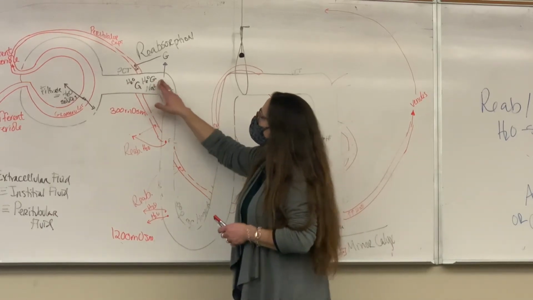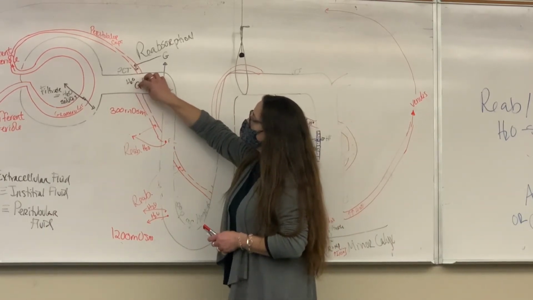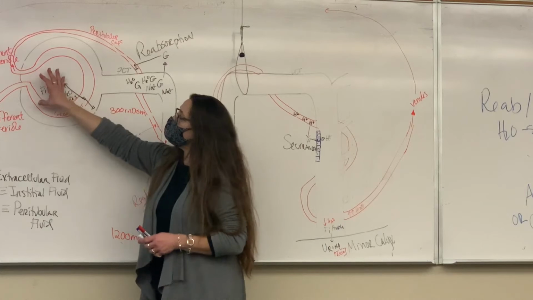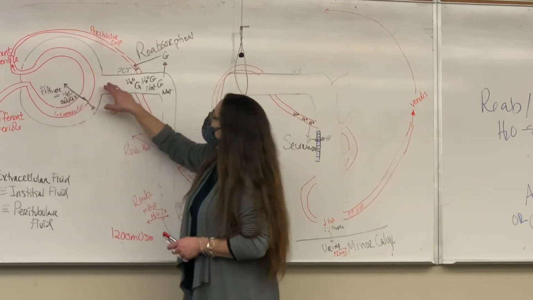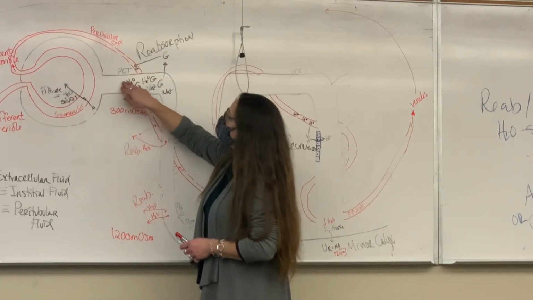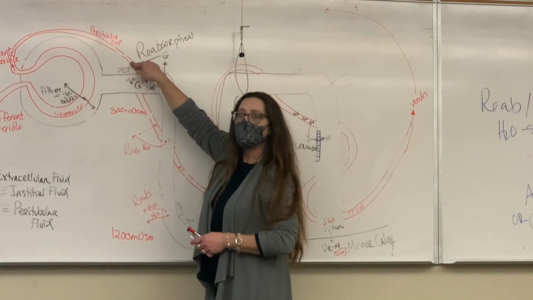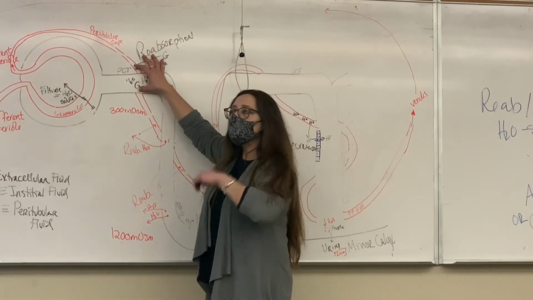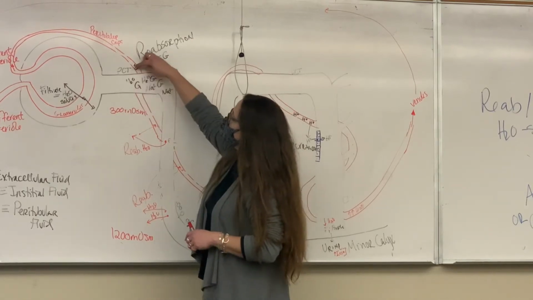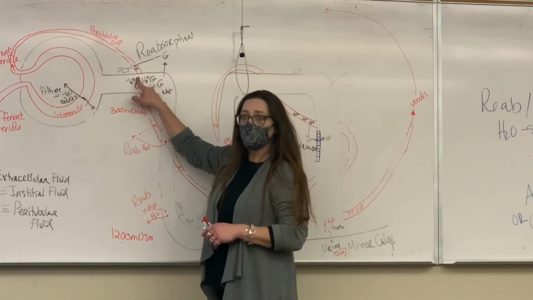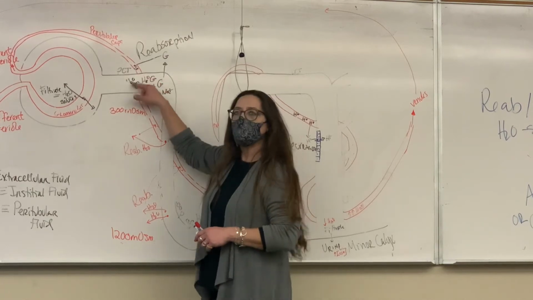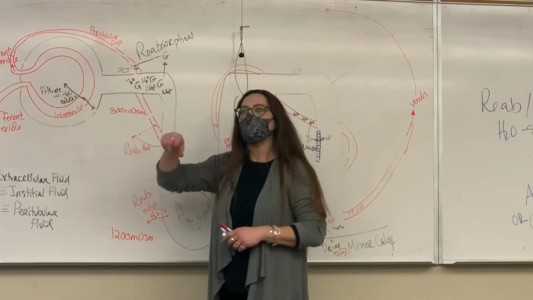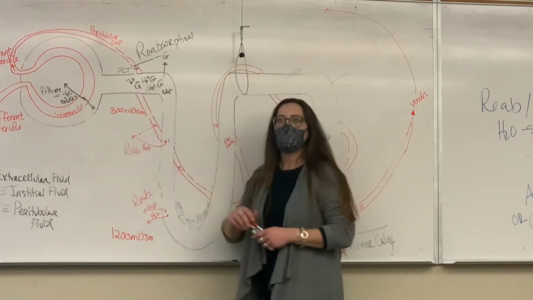And if you look over here, because we just filtered all that glucose out, now you've got tons of glucose in the filtrate and very little in the blood. So now you have a big concentration difference, and you have glucose pumps. You're gonna have carrier mediated diffusion for that glucose here, okay?